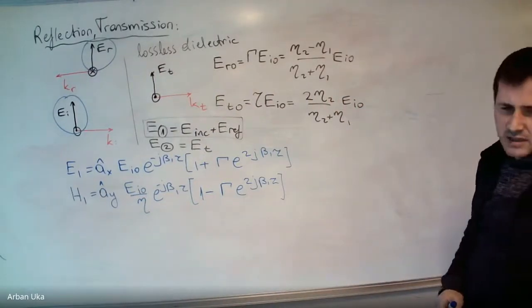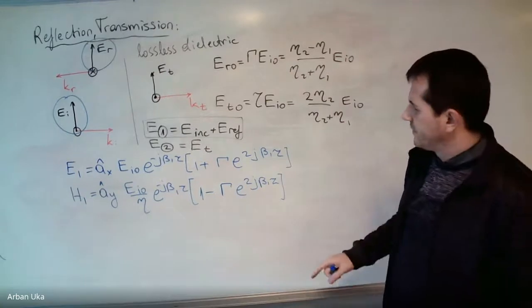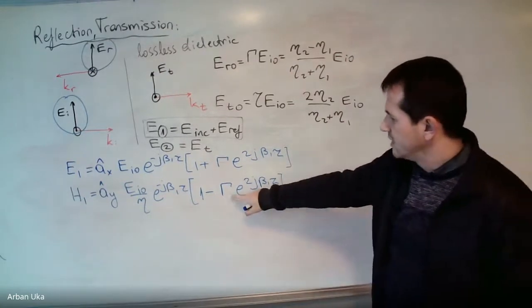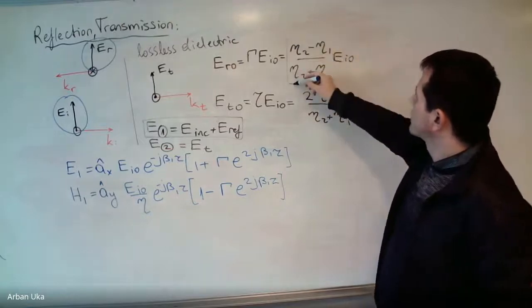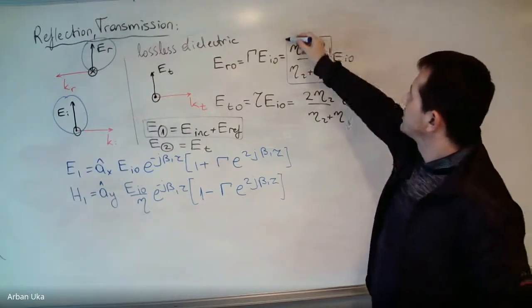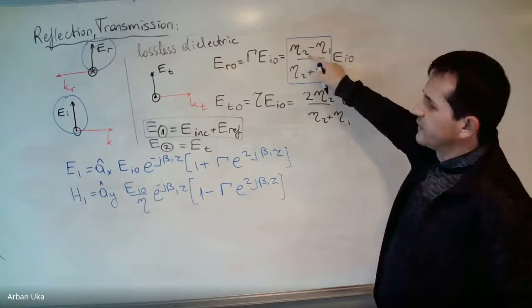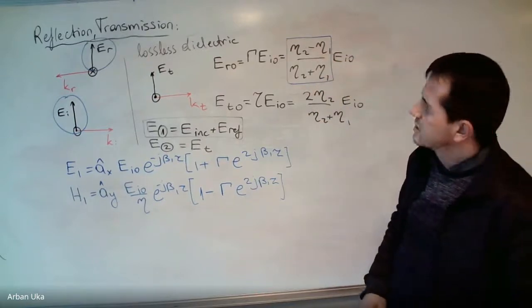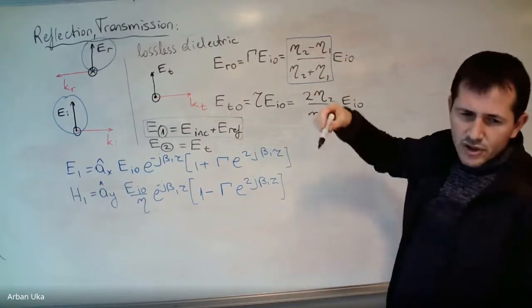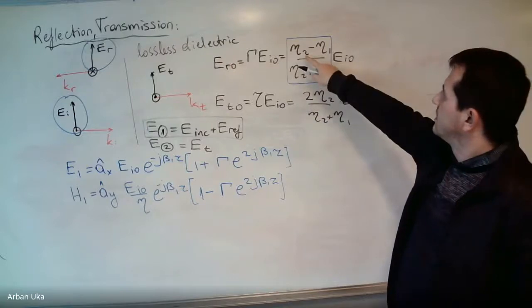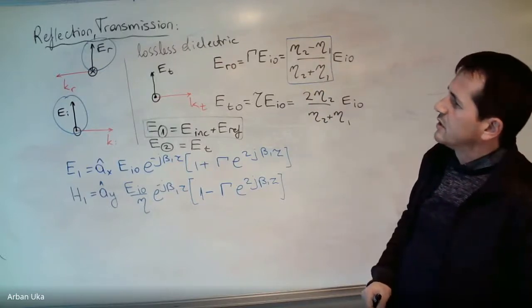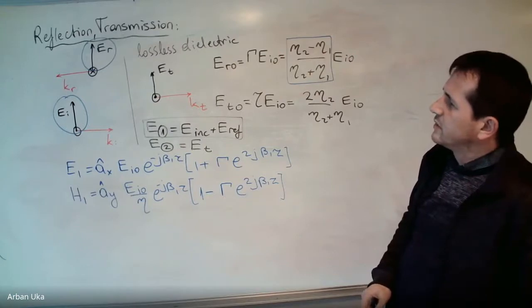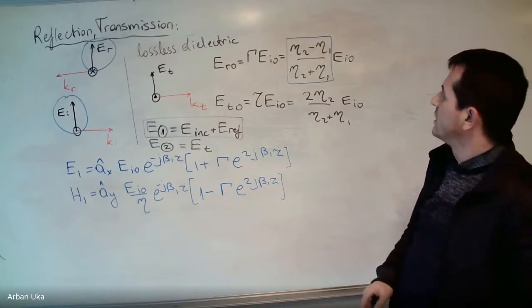Because of the negative sign which can appear in the reflection coefficient, it can be observed in this expression. So this can be a positive value or a negative value, which might then cause the inversion of the reflected wave with respect to the incident one.